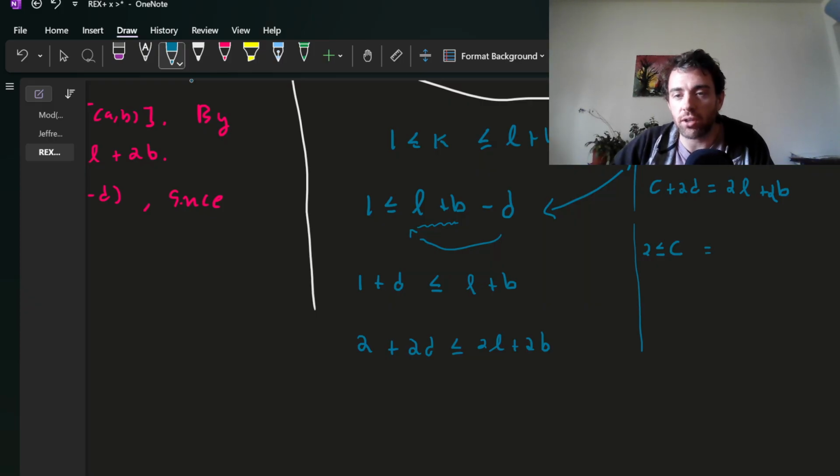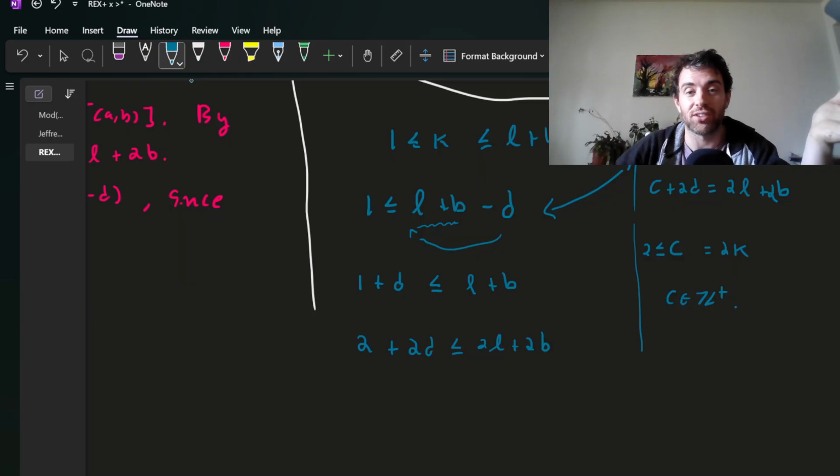But we know that C is equal to 2k, and we've also assumed that C is a positive integer, right? So if it's positive, and it's even, the smallest positive even integer is 2. Great. Okay, so now we need to go back and try and assemble these things into a coherent argument, right?